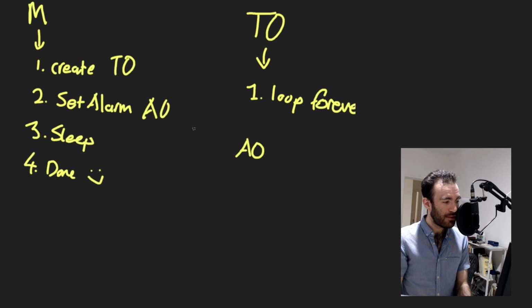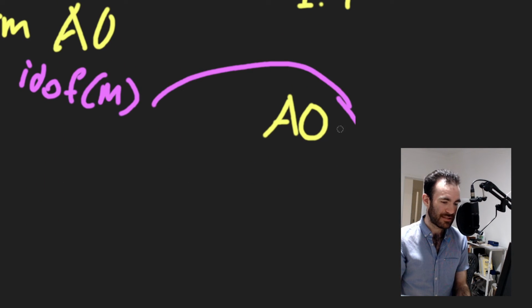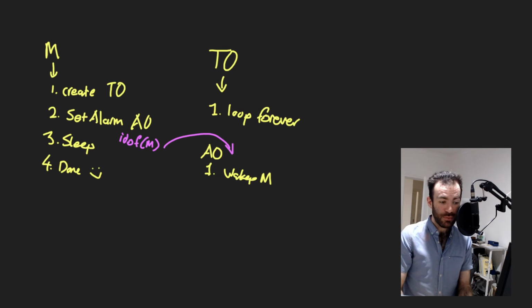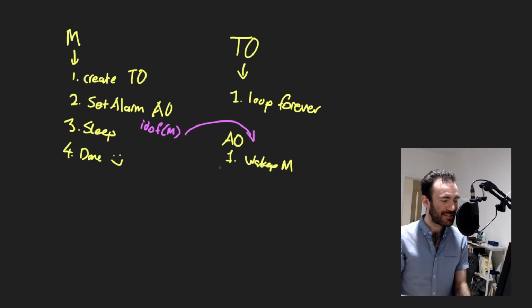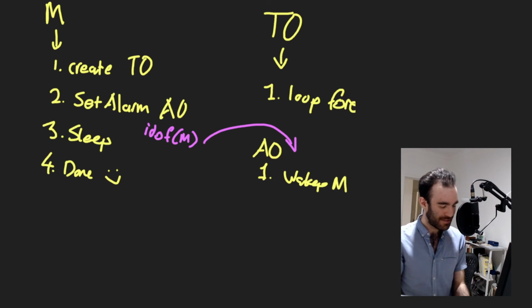Alarm A0. All Alarm A0 does, and by the way, Alarm A0 takes the ID of M, gets passed in, all this does is wake up M. Now, when we call this, for some reason the system thinks we have no threads running. So what does this mean? How does this happen?